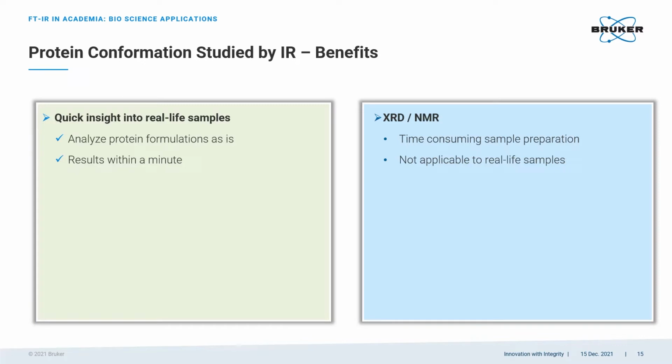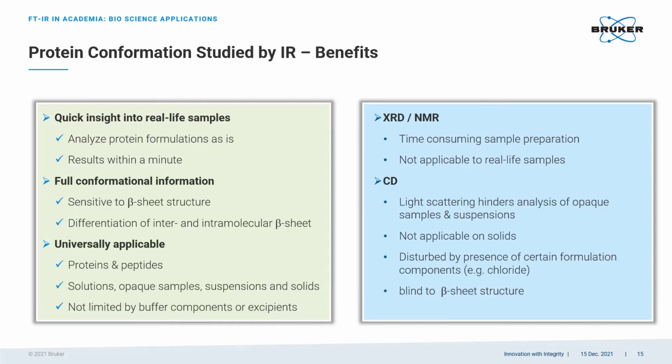Protein formulations can be analyzed as they are, and results are available in the order of minutes. The method delivers full conformational information. It is sensitive not only to helices but also to beta sheet structure, and it allows the differentiation between inter and intramolecular beta sheets.